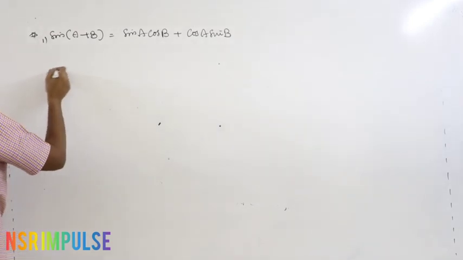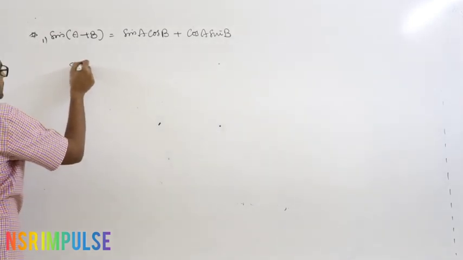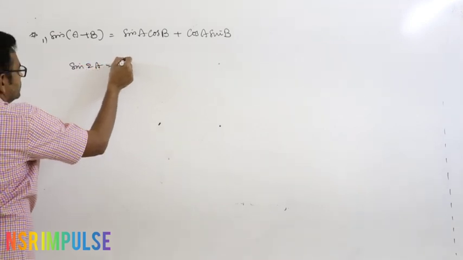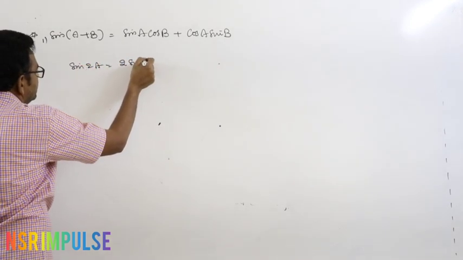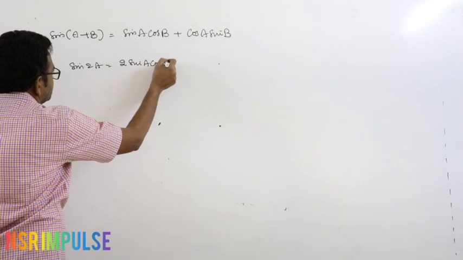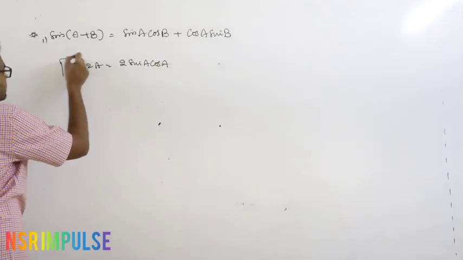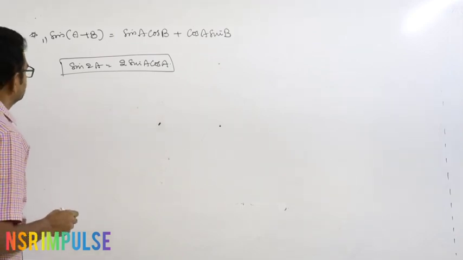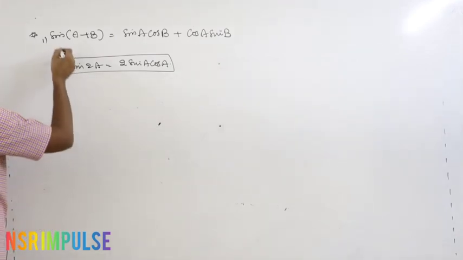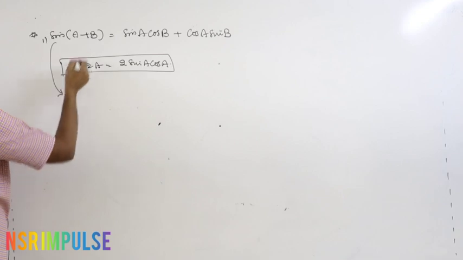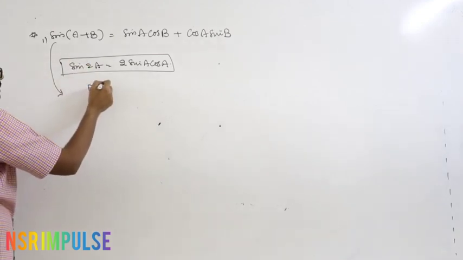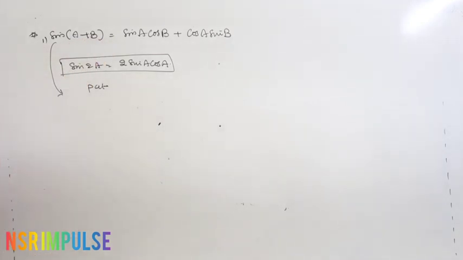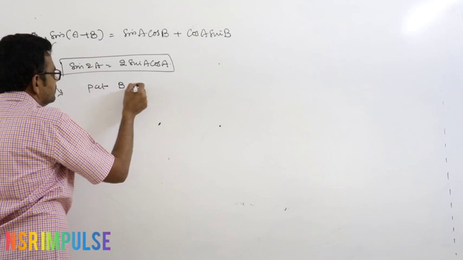And again, sin 2a formula is 2 sin a cos a. Now in the above formula, sin of a plus b is sin a cos b plus cos a sin b. Put b is equal to a.